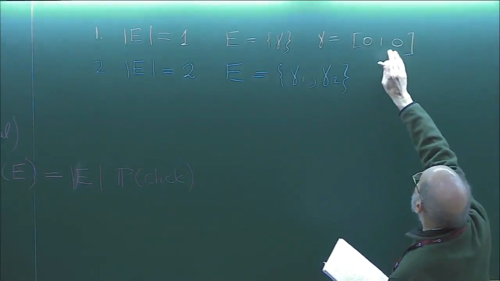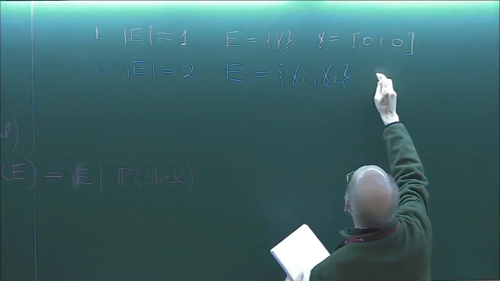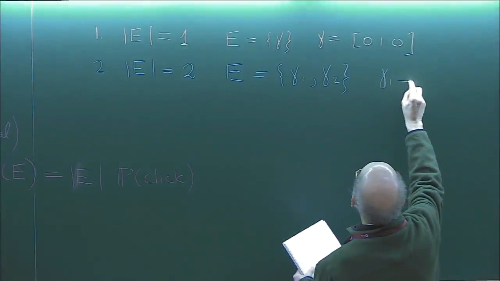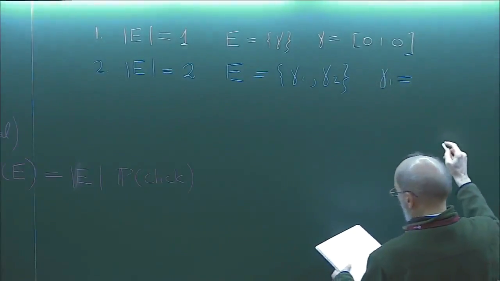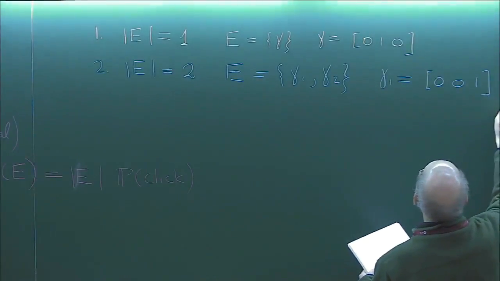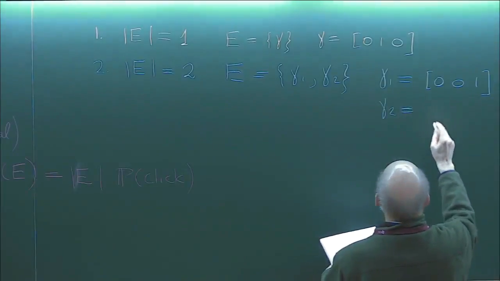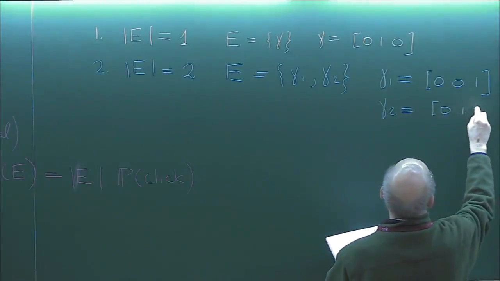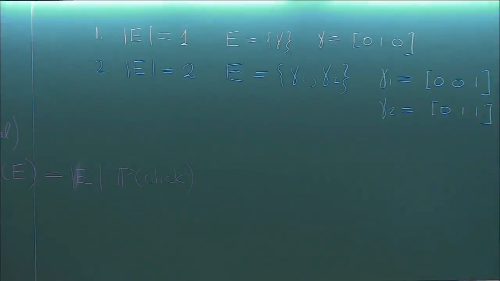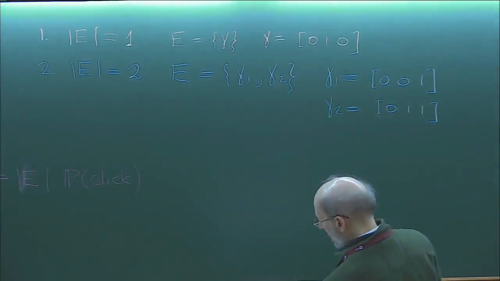So this will be this particular event, 0, 1, 0. In this case, gamma 1, I'll choose to be 0, 0, 1, and gamma 2 to be 0, 1, 1. Why have I done that? Well, I've made the final beams the same so that we'd have interference.